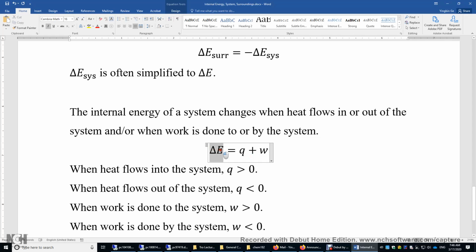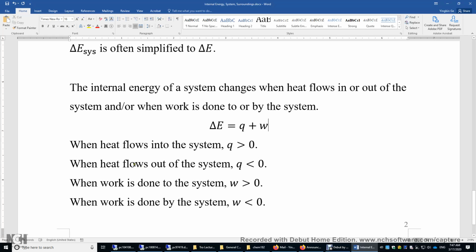So again, this is a change of the internal energy of the system. This is the sum of the heat that flows into the system and the amount of work done to the system. And then you may ask, what if the system is doing work to its surroundings? What if heat flows out of the system? And then this Q and W will have negative signs.